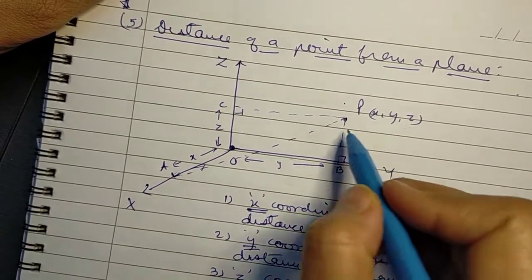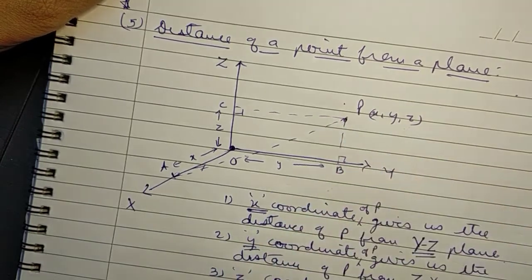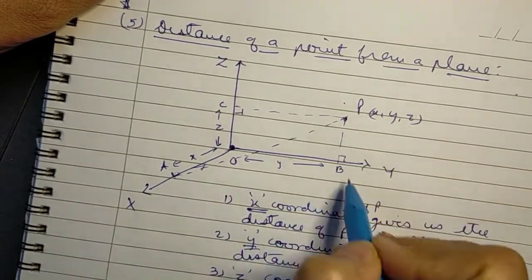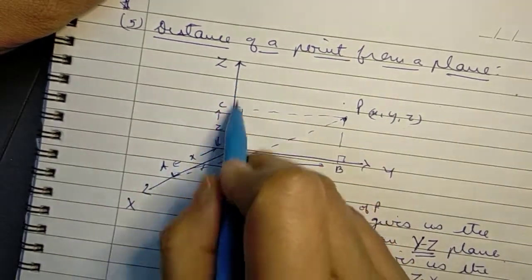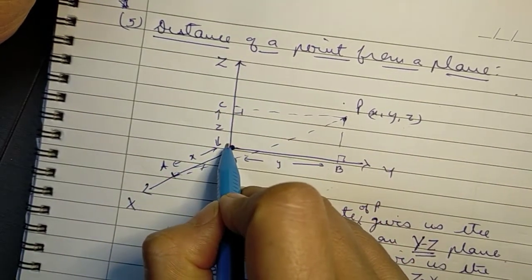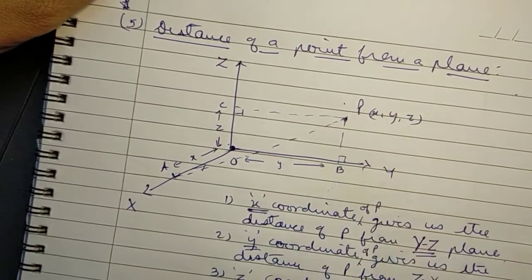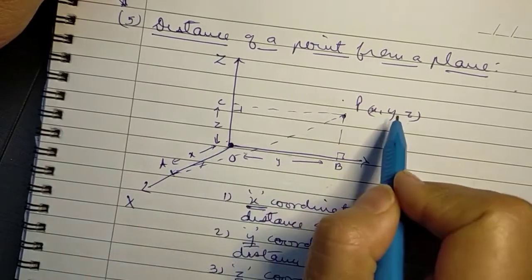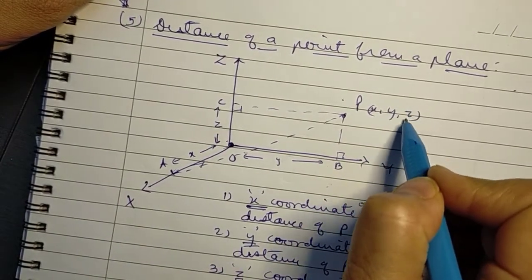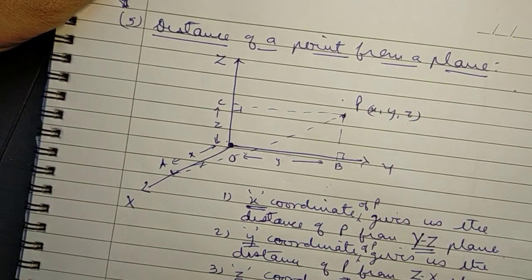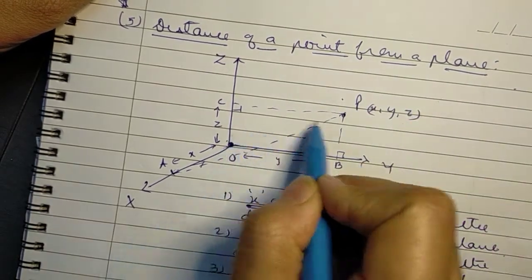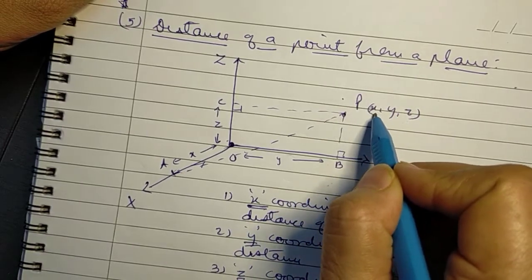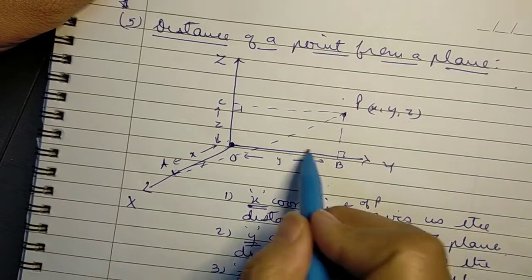So in order to find the distance of P from the XY plane, we have to measure its distance parallel to the direction of the Z axis. So you just have to remember that the Z coordinate is the perpendicular distance of P(X, Y, Z) from the XY plane.